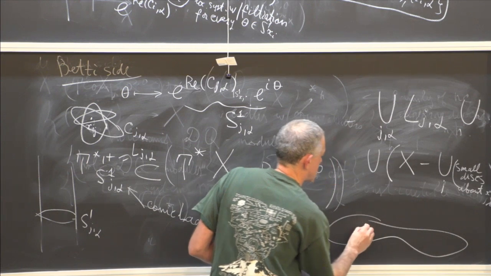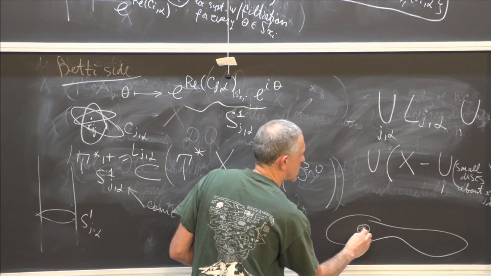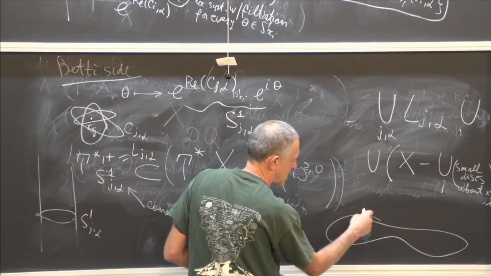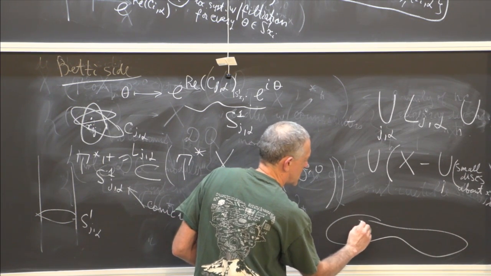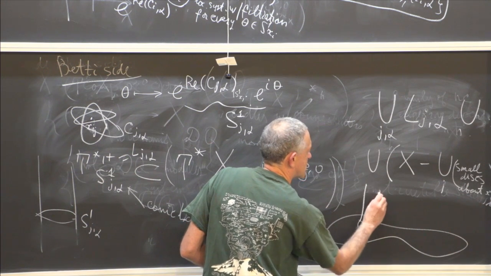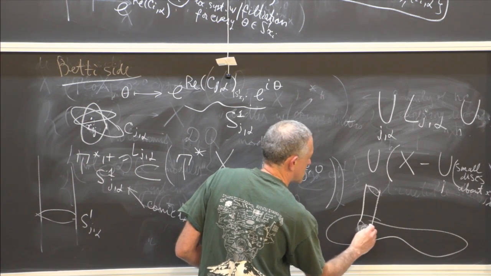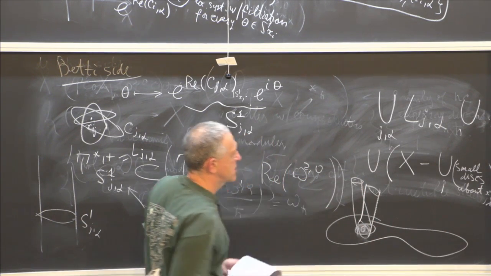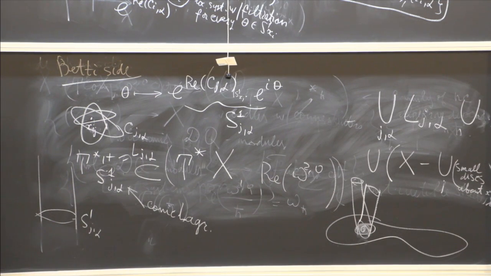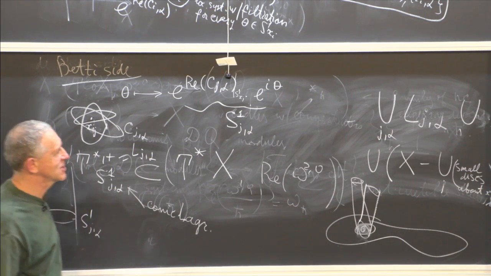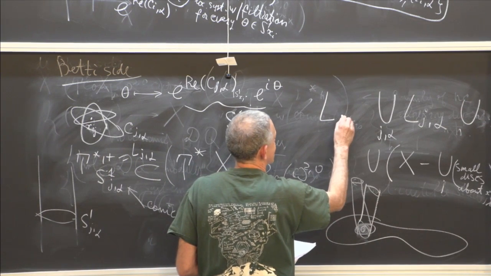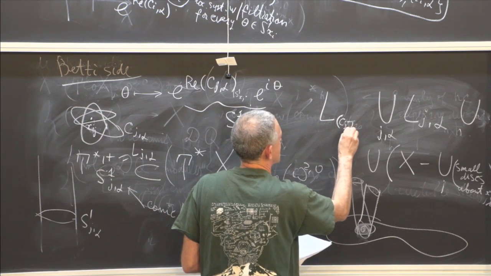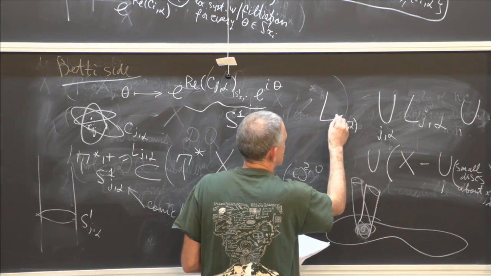So that's a picture for a single point. I remove some very small disk, so it's essentially punctured, and I have this bunch of cylinders, and I take the union of all this. Of course, since the zero section is Lagrangian, it's still some Lagrangian. It depends on everything of this collection of curves gamma alpha.